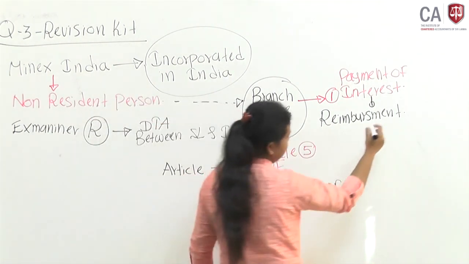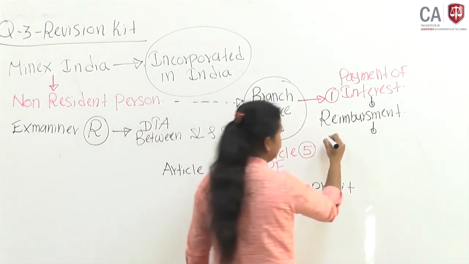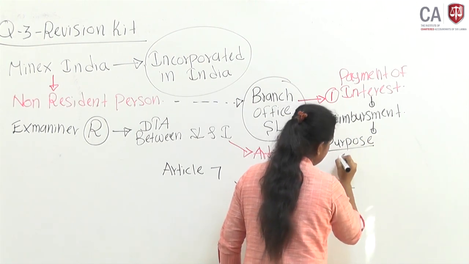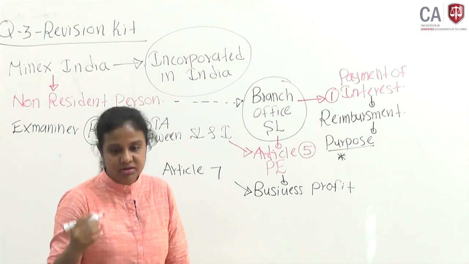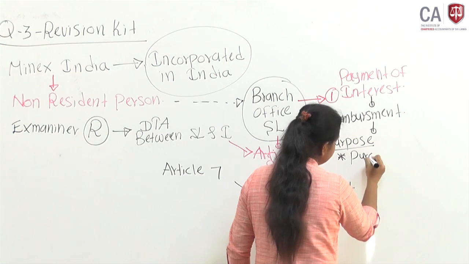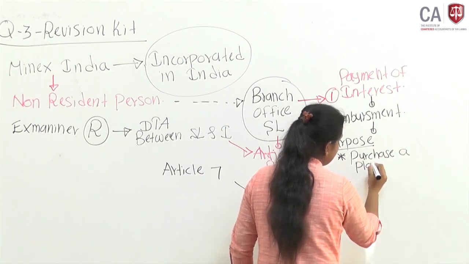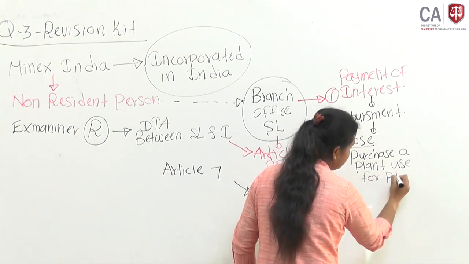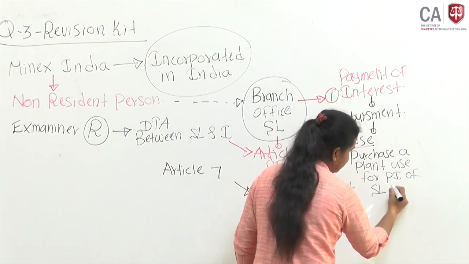Then reimbursement of interest for what? What's the purpose of the loan? The purpose of the loan is to purchase a plant, and the plant is used for production of income of the Sri Lankan branch.